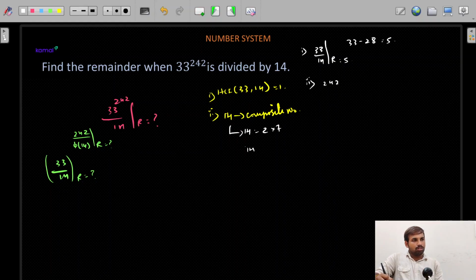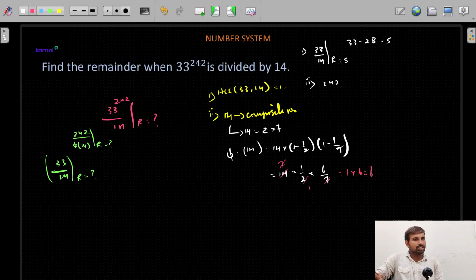So psi of 14 is equal to 14 into 1 minus 1 by 2 into 1 minus 1 by 7, which is equal to 1 by 2, and then 1 minus 1 by 7 is equal to 6 by 7. So eventually it will become 2 ones are 2, 2 sevens are 14, and this 7 and 7 cancel, it will become 1 into 6, which is equal to 6. So the Euler-Totient number for 14 is 6.